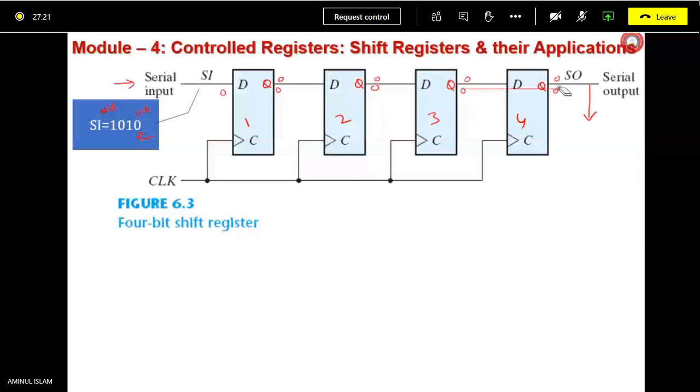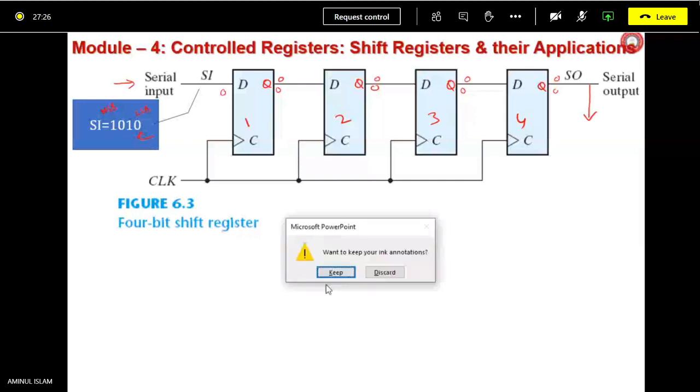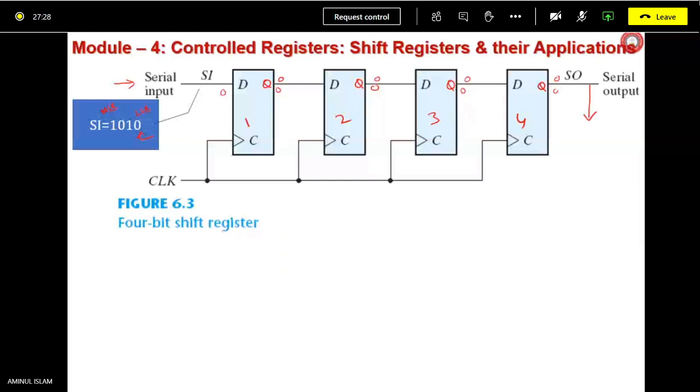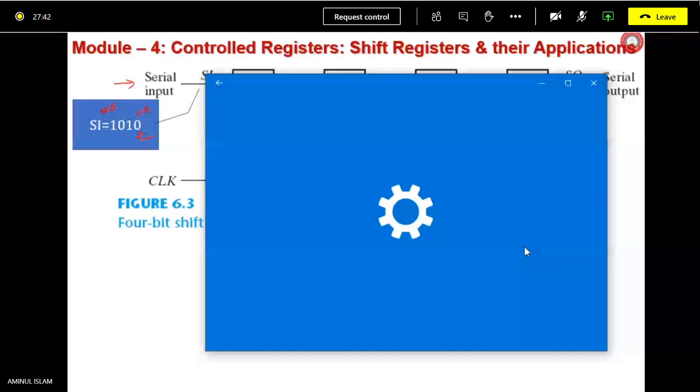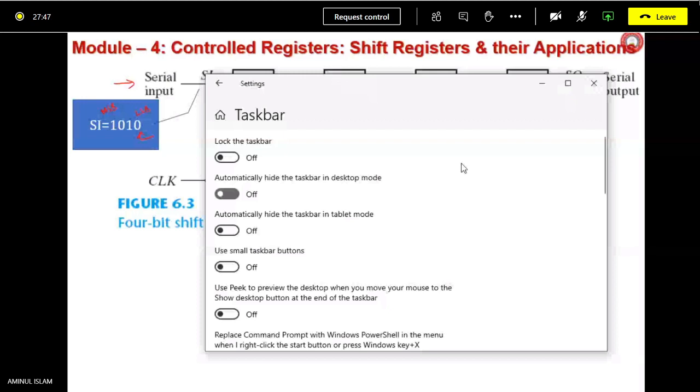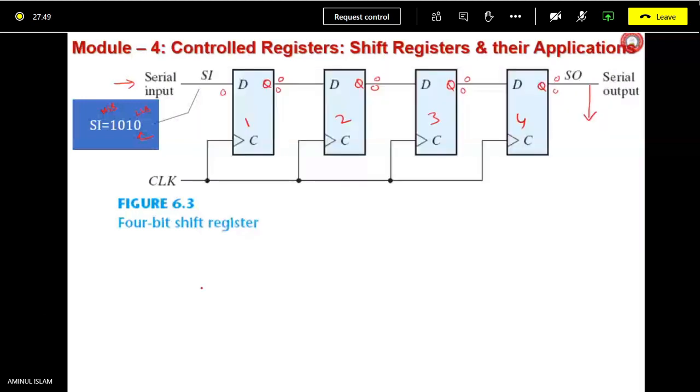Now, if you are applying 1, so next time you are applying 1, let me take a different color.